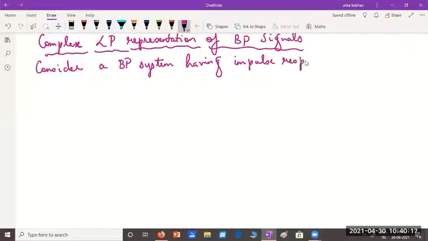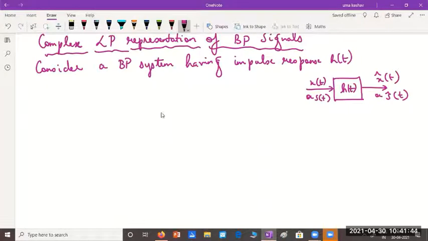We know that h of t and h of f will be Fourier transform pairs. Please remember, any given signal can have its Fourier transform pair represented like this, right?